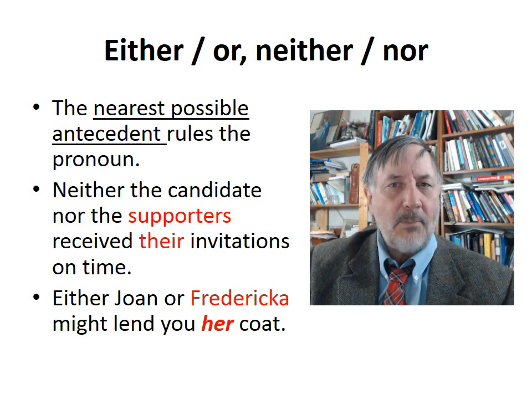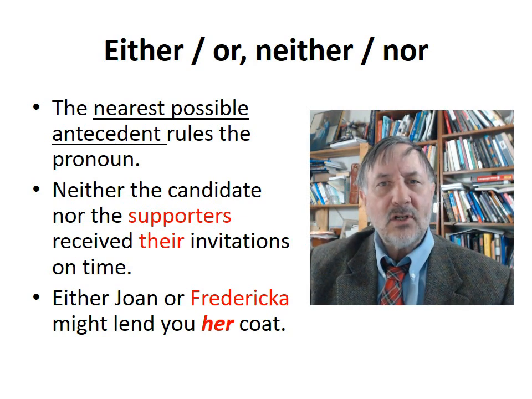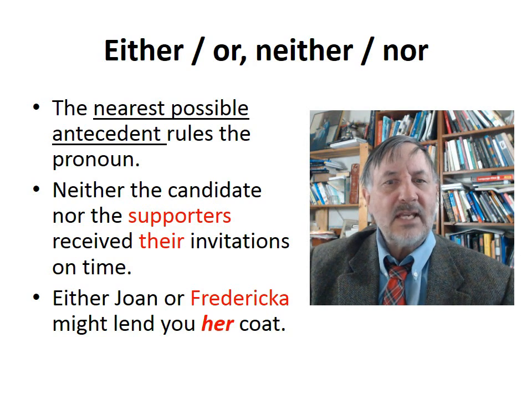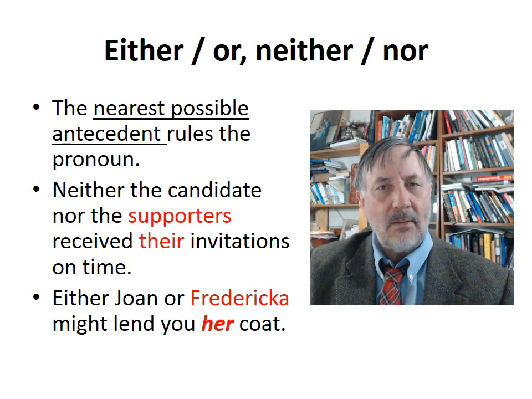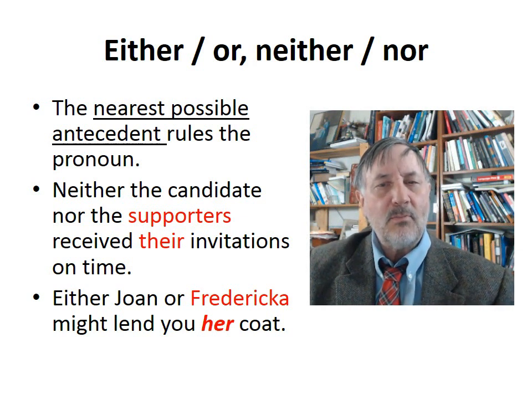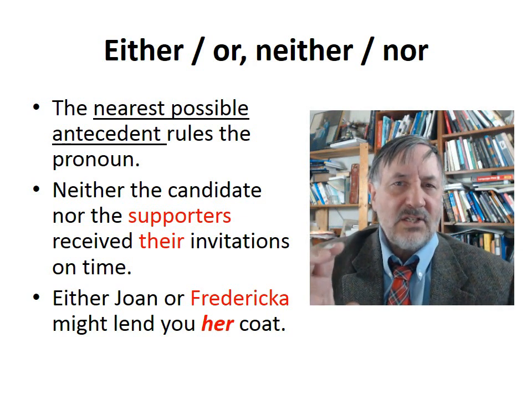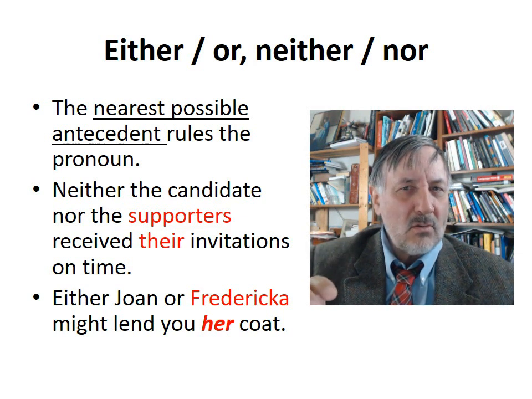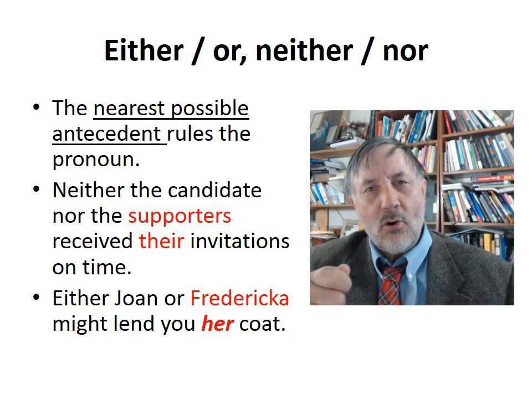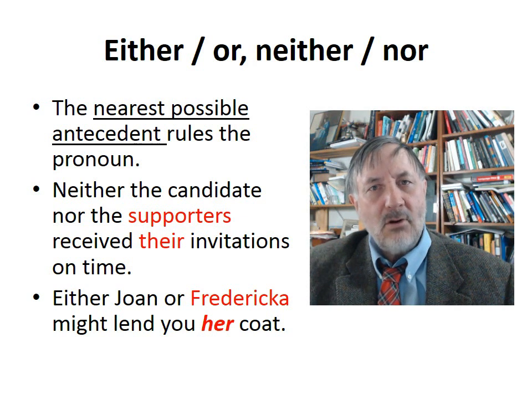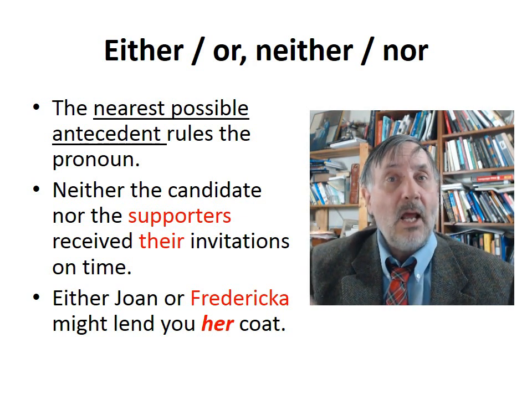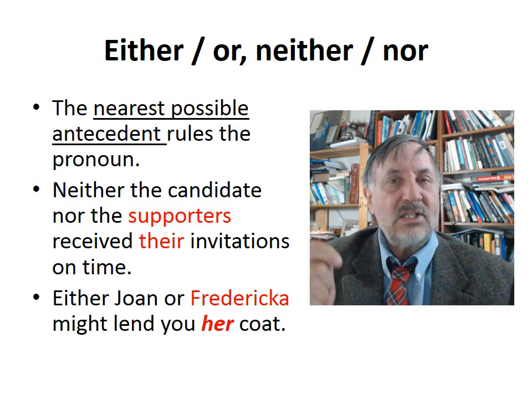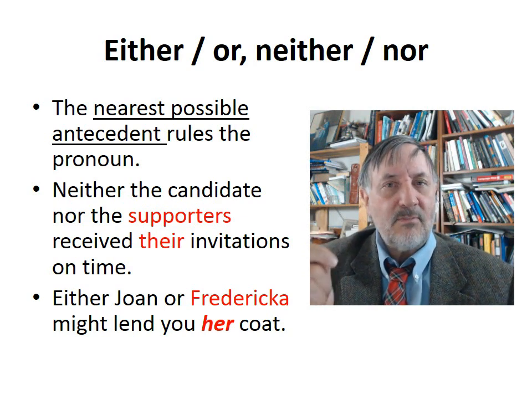So we have a couple of cases here that will serve as examples. Neither the candidate nor the supporters received their invitations on time. Okay, candidate nor the supporters. So what pronoun should we use? Well, because supporters is nearest to the possessive pronoun there, it takes the plural possessive pronoun.